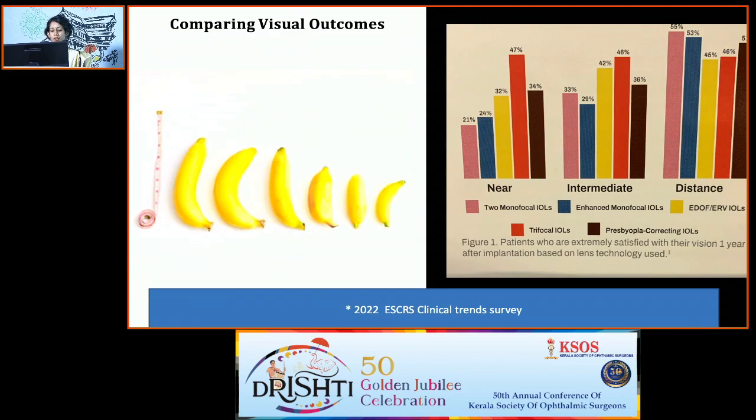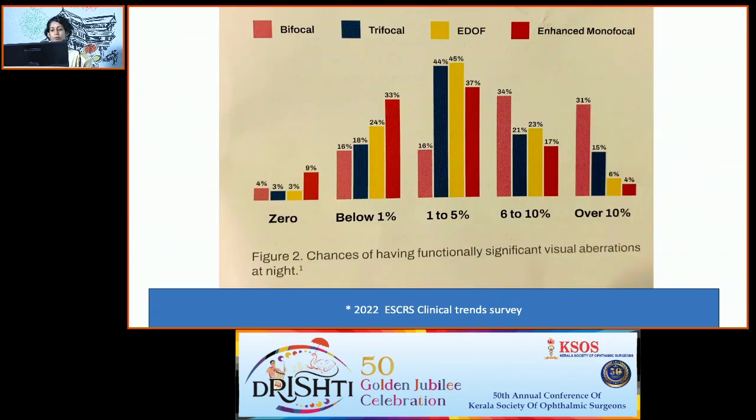When we look at the ESCRS clinical trends survey, we see that the trifocal lenses are the ones that give maximum satisfaction to the patient in near, intermediate, and distance. The extended depth of focus and the other lenses are also satisfactory in near, distance, and intermediate vision.